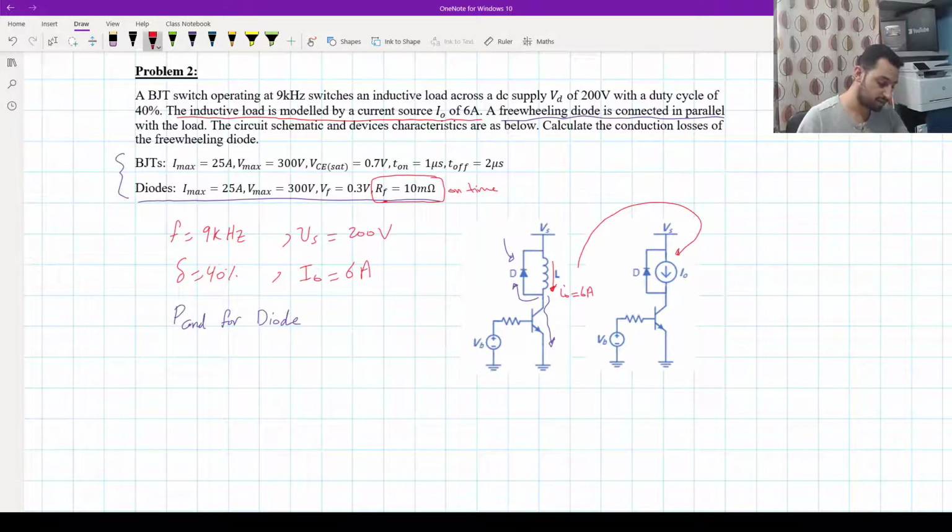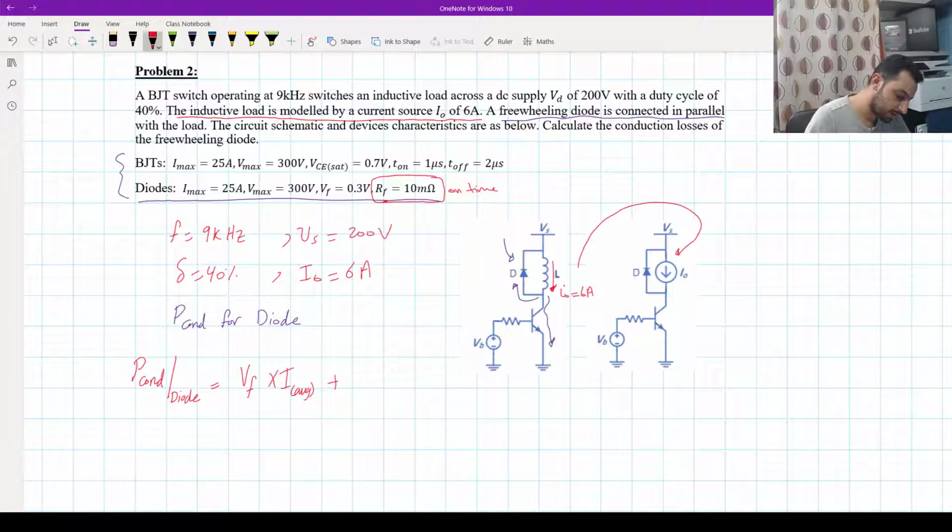Okay, so now let's write the equation for the conduction loss. Conduction loss for the diode equals the forward voltage of the diode, VF, times the average current for the diode, plus RF, the resistance of that diode, times I square RMS for the diode.